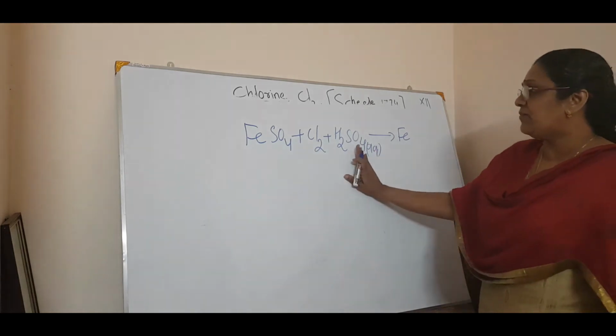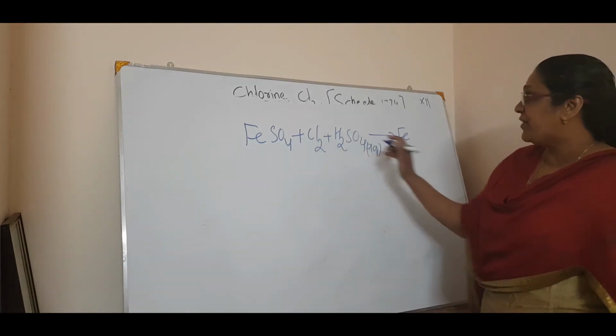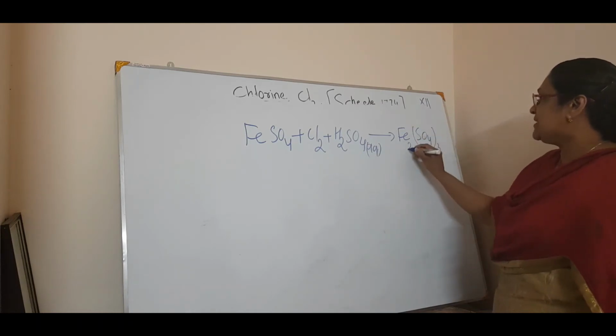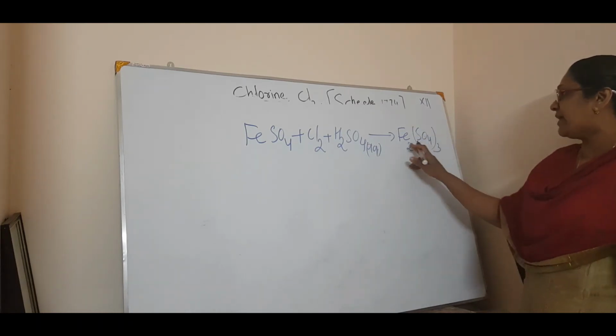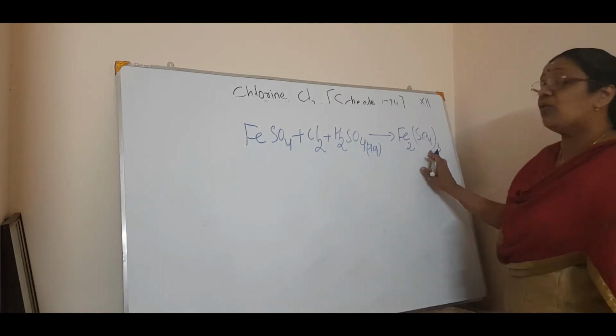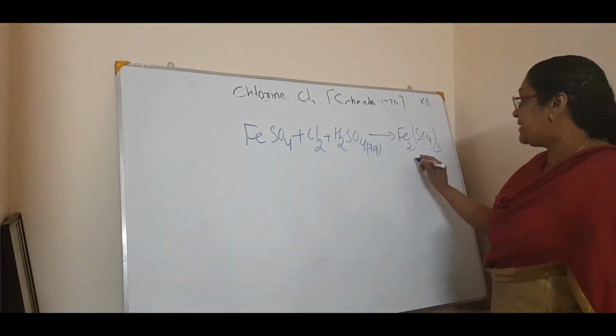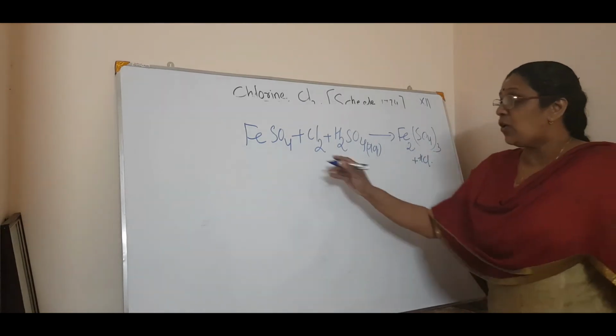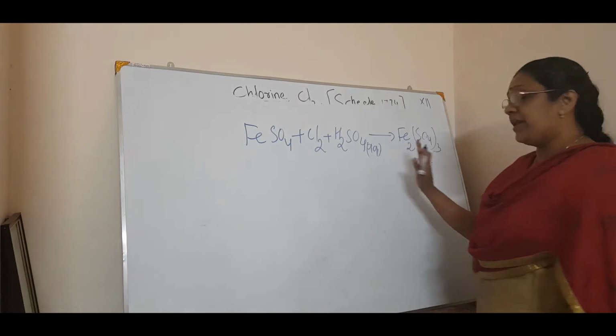So in the presence of aqueous H2SO4, the ferrous sulfate will form Fe2(SO4)3. Am I right? SO4 thrice and Fe twice. Fe2(SO4)3 plus HCl, isn't it? So it oxidizes ferrous to ferric.